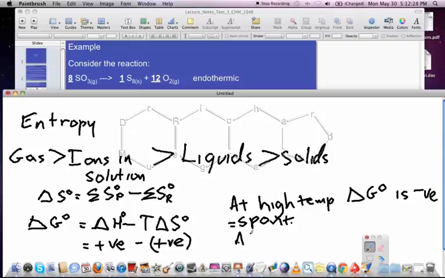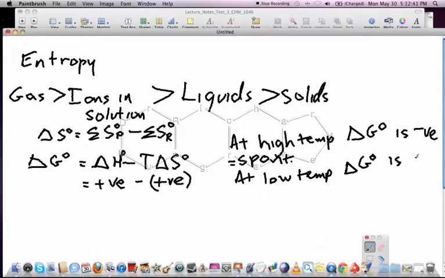At low temperature, and we could use 0 as an example if we wanted to, at low temperature we're going to end up with a positive value of delta G. Delta G is positive, and that would be non-spontaneous.